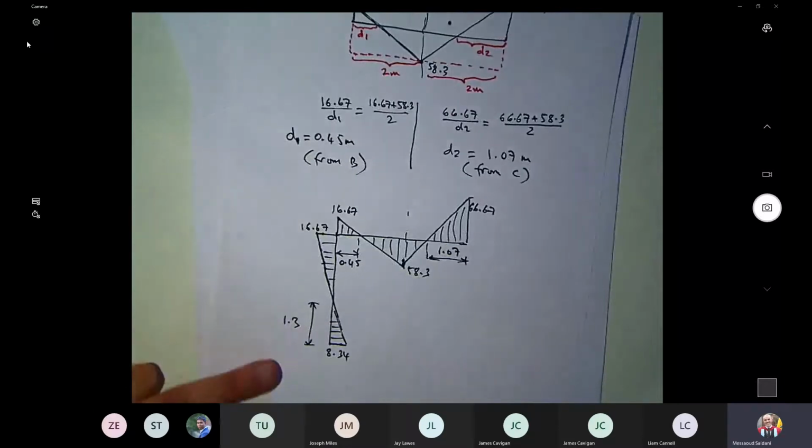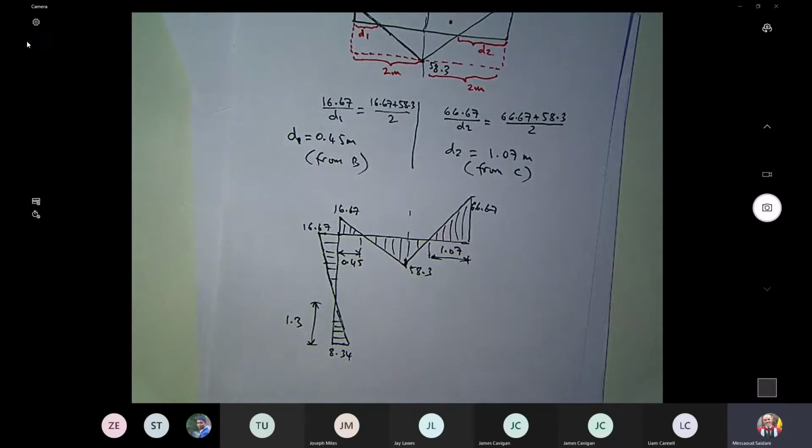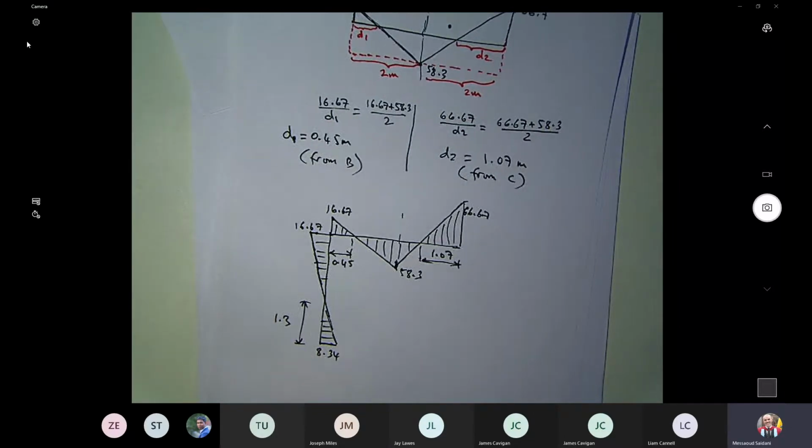And that's the fully annotated bending moment diagram for the frame, showing all the maximum values and the points of contraflexion. Any questions?